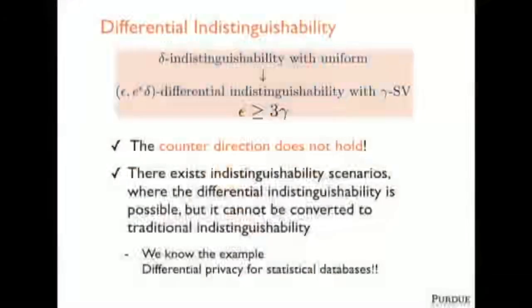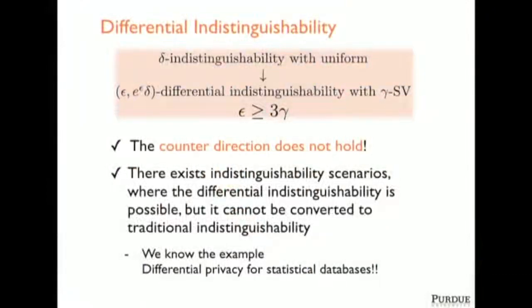But can we always go from the differential indistinguishability notion to the indistinguishability notion? And the answer is no. The converse direction does not always hold. There can be scenarios where we get differential indistinguishability, but we cannot convert that back to indistinguishability in the perfect sense, or delta indistinguishability, as I mentioned.